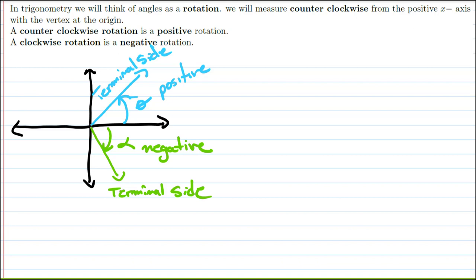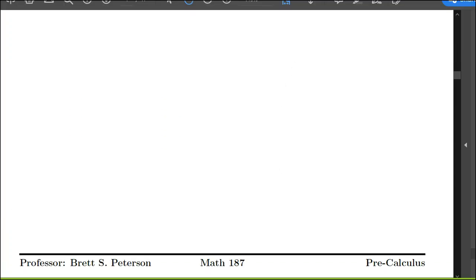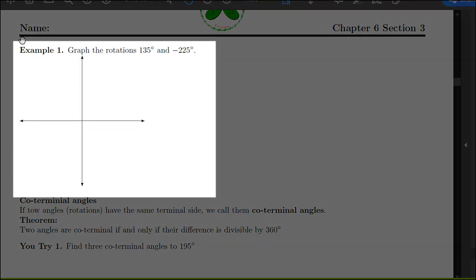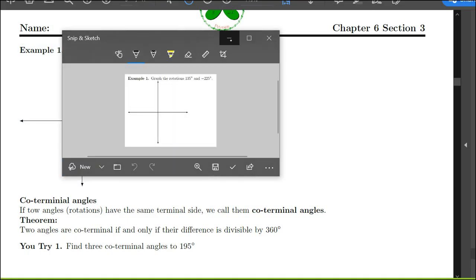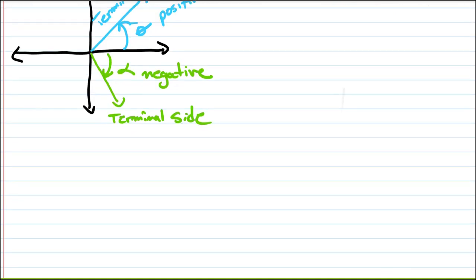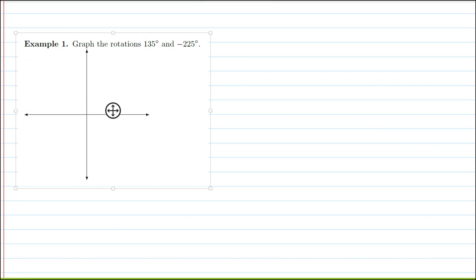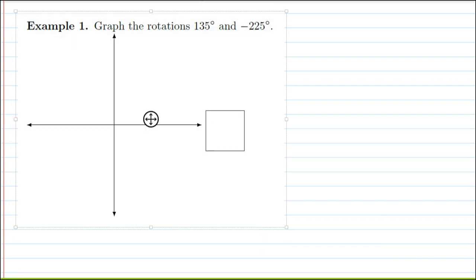Let's take a look at our first example from our handouts. So we wish to graph the following two rotations. So 135 degrees and negative 225 degrees.